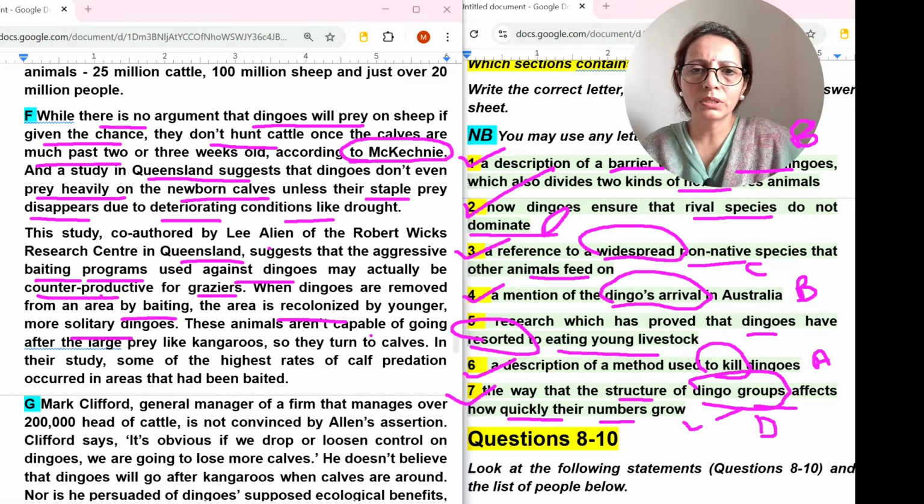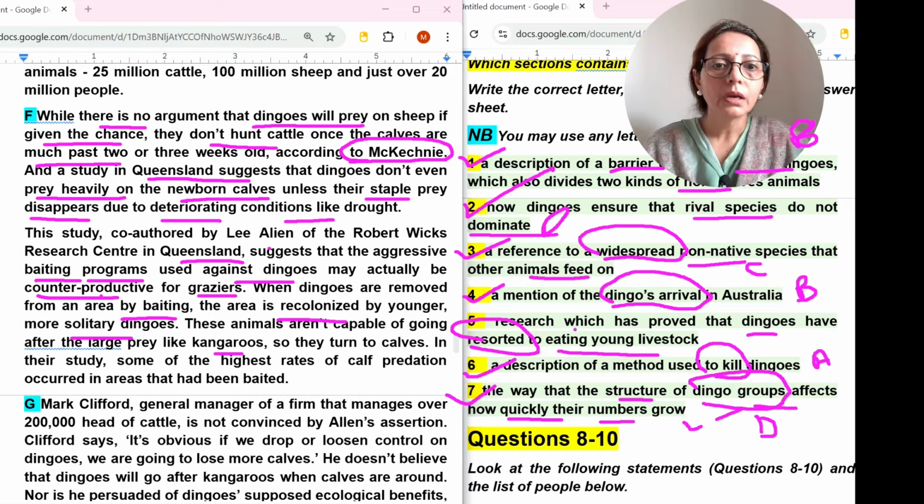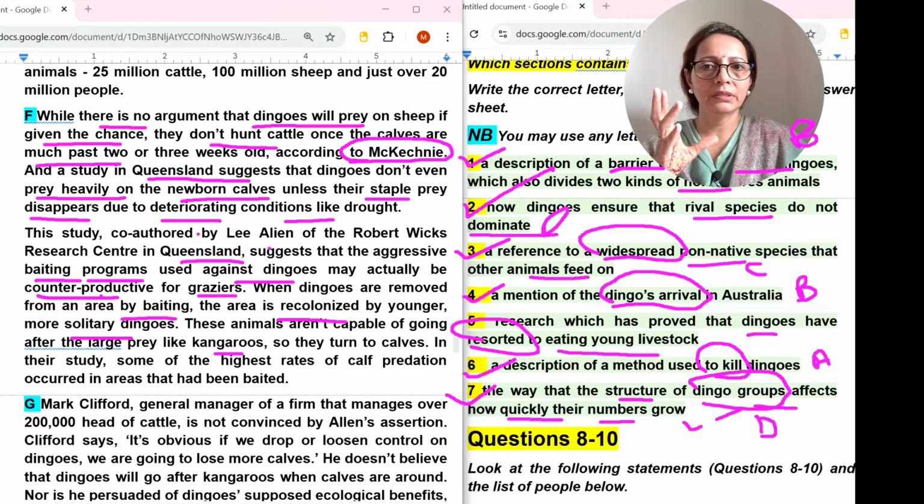These animals aren't capable of going after large prey like kangaroos, so they turn to calves. Okay. Yes, so these three persons have done research, and their study has organized what they have found, research which has proved that dingoes have resorted to eating young livestock.